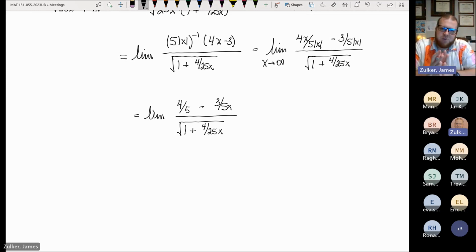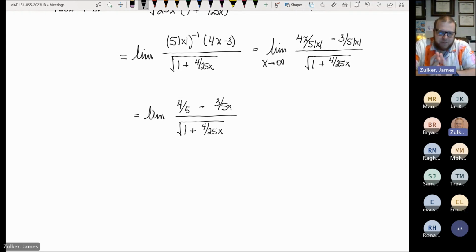This is why that absolute value is important. Because if we were approaching negative infinity instead, we wouldn't be replacing absolute value of x with positive x, would we? No, we replace it with negative. Which means your answer would probably be off by a negative. In fact, in this case, it's guaranteed to be off by a negative.